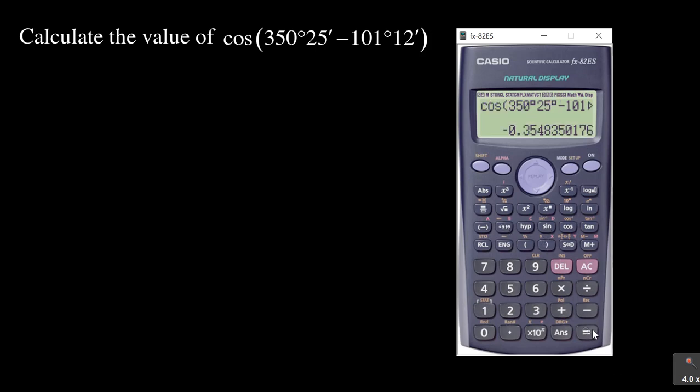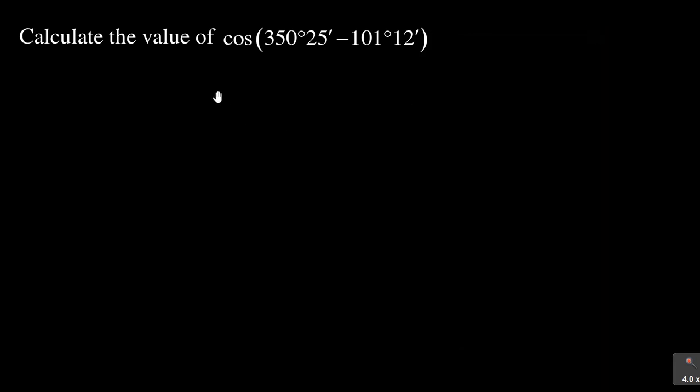You close that bracket, and then you get minus 0.3548 to 3 decimal places. You press that to say 3, which is minus 0.355. So that is how you could have done it.